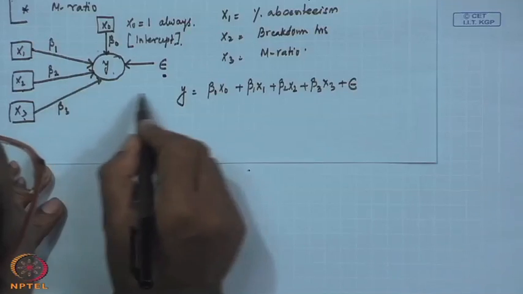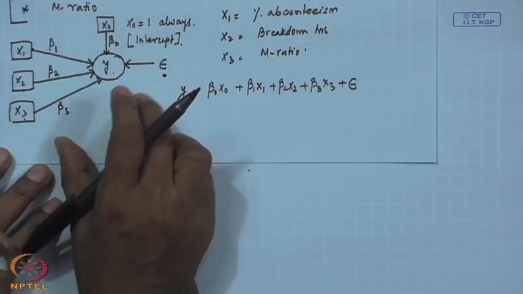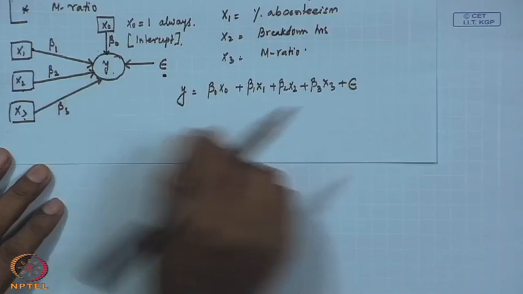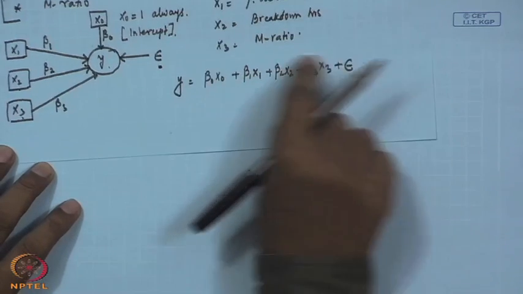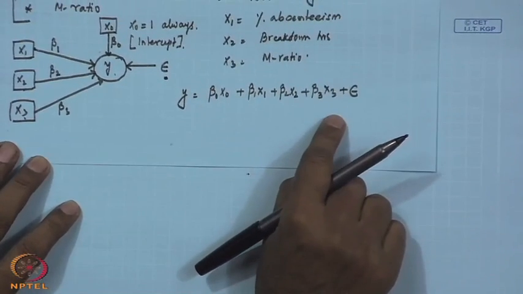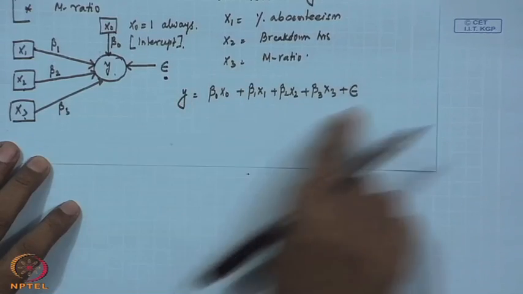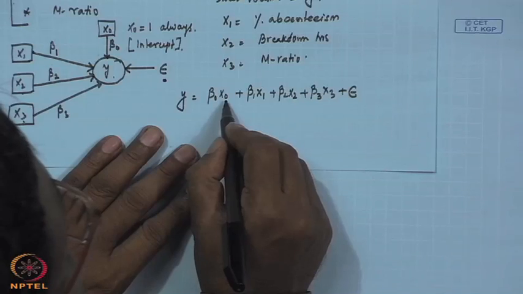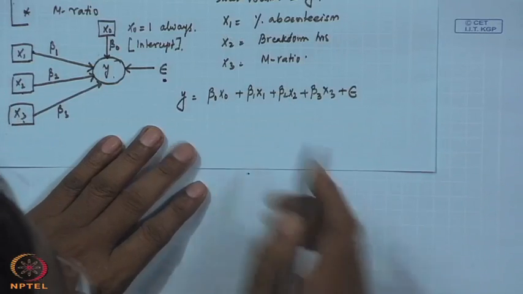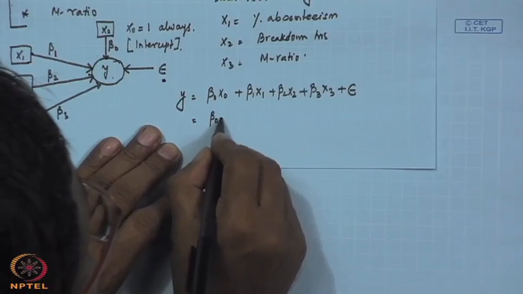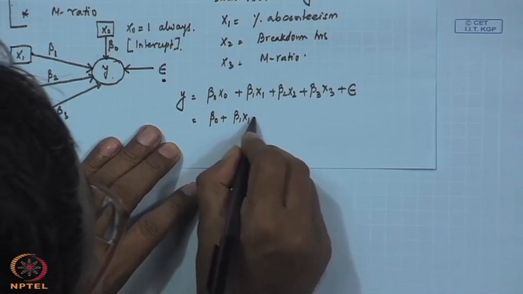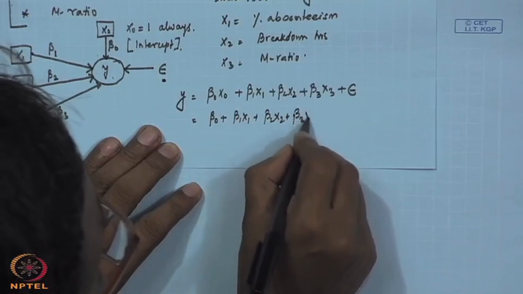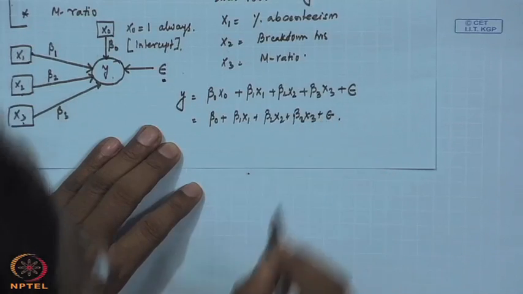So, this figure is the pictorial representation of the multiple regression model, which in mathematical terms you can write using an equation. Now, as we have said, x 0 will take value of 1 always. So, this can be written like this: beta 0 plus beta 1 x 1 plus beta 2 x 2 plus beta 3 x 3 plus epsilon.